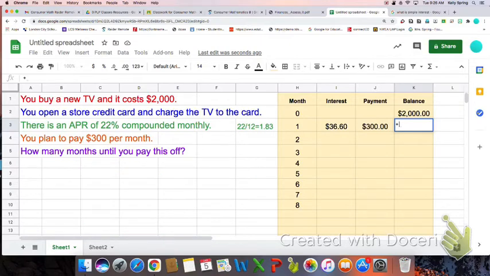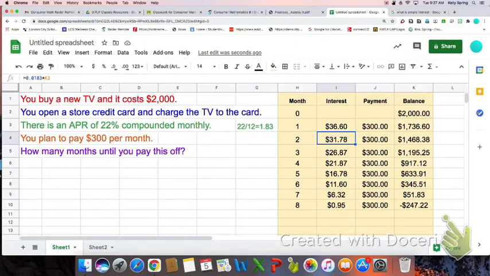But for this, I can just click on the cells. I'm going to do the 2,000, my previous balance, plus this box minus this box. Now, it does the calculation, and that's awesome, but what's helpful with this is that you can copy those formulas and paste them down. So let me do that.